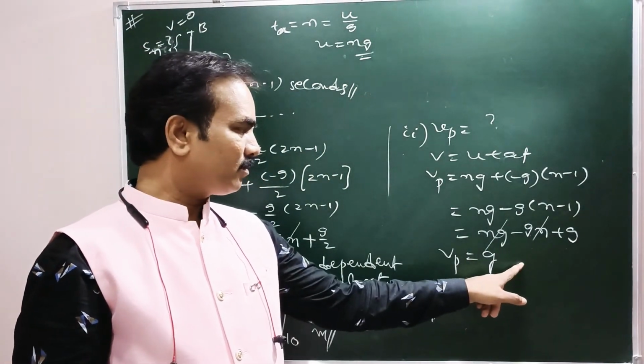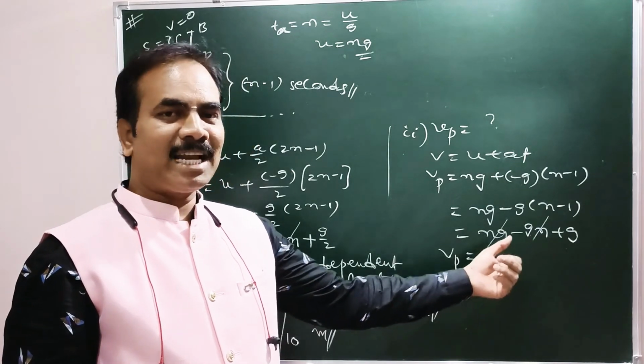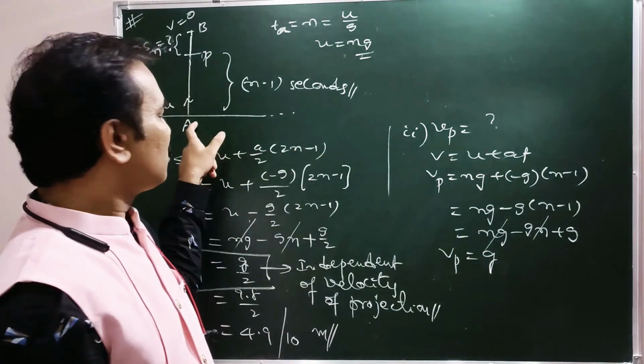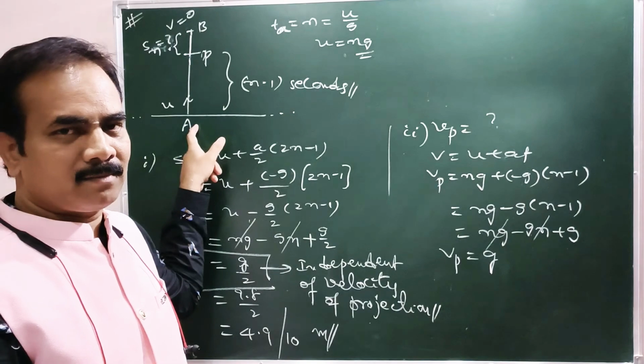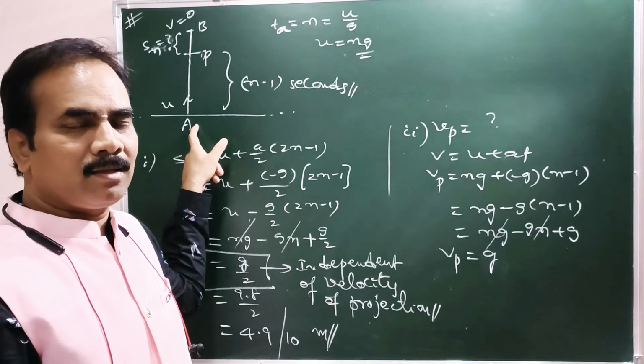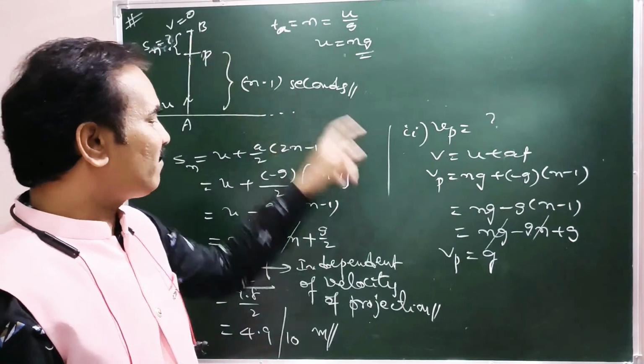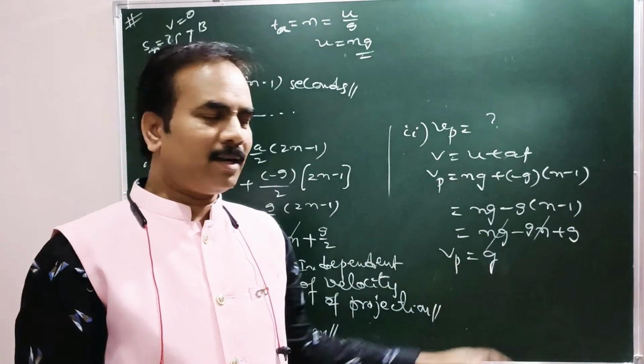Here also, the expression doesn't involve any velocity of projection. So whatever the velocity of projection, the velocity 1 second before reaching the highest point is fixed. That is constant, G times 1, that is 9.8.